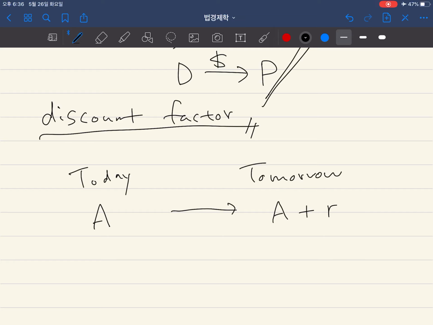Let's say R is the interest rate. Then tomorrow you're gonna get this much money in your bank account. So if you have $8 today, it's gonna become (1 plus R) times $8 tomorrow, and R is the interest rate.